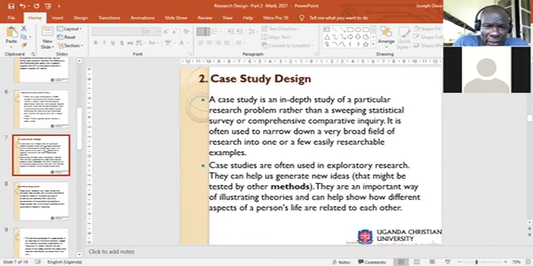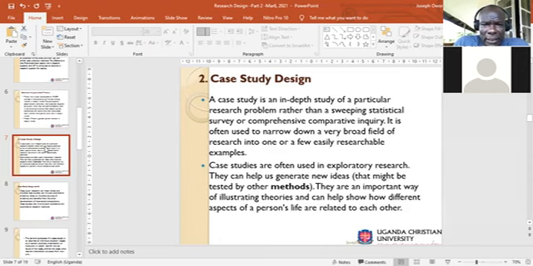As a matter of fact, a case study is an in-depth study of a particular research problem rather than a sweeping statistical survey or a comprehensive comparative inquiry. It is often used to narrow down a very broad field of research into one or a few easily researchable examples.